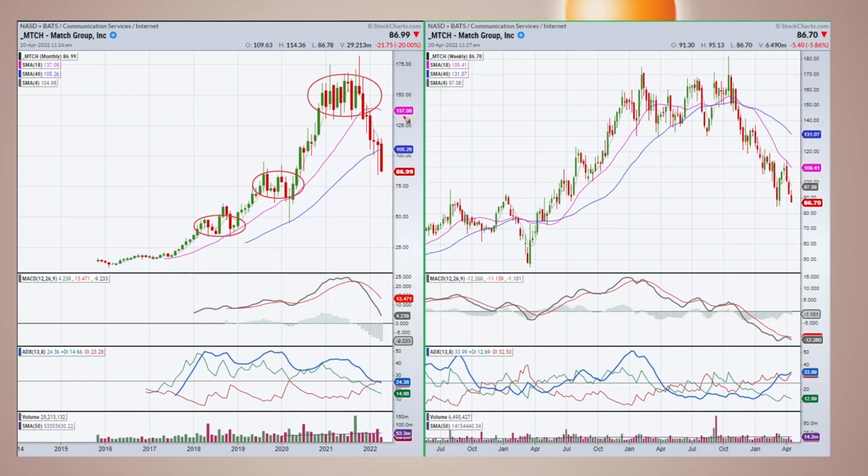So I compared the point and figure chart, using a 3-point reversal method, which creates longer-term charts, with the monthly chart. What I noticed was that I was getting a lot of the same feel as to where these key levels were, these key areas where pools were being created.